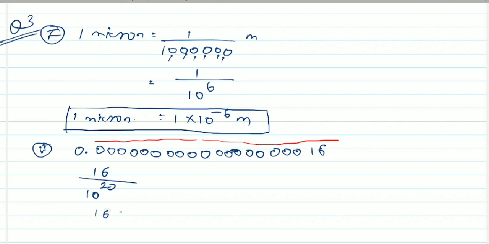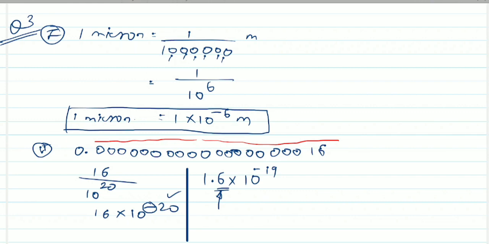Now when it goes to the numerator, sign of the power is going to change. So it becomes 10 raised to power minus 20. Now what we do is we write this as 1.6. Forget the sign of the power. Forget about this minus. Just reduce this 20 by 1, because there is only one digit after the decimal point. So it becomes 19 and give the negative sign as it is. So this is the answer of the second question.